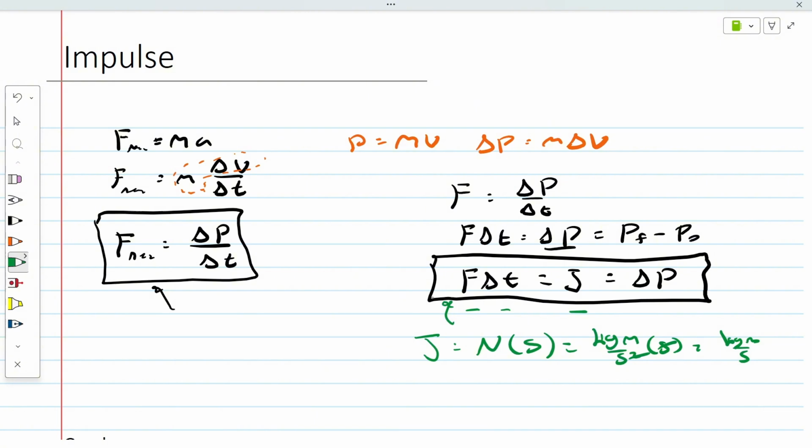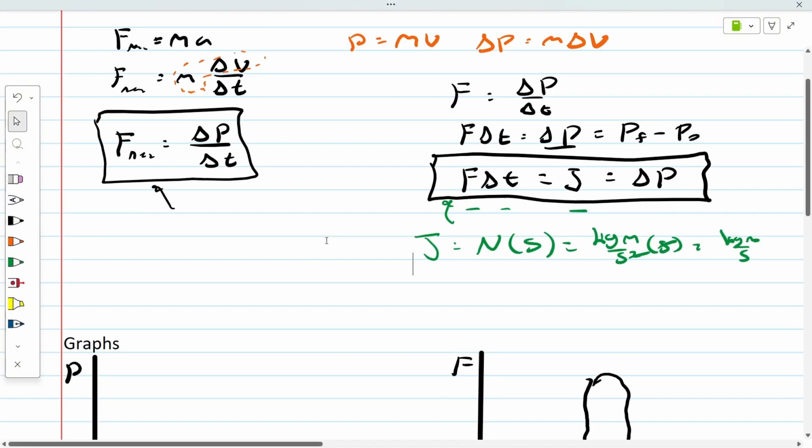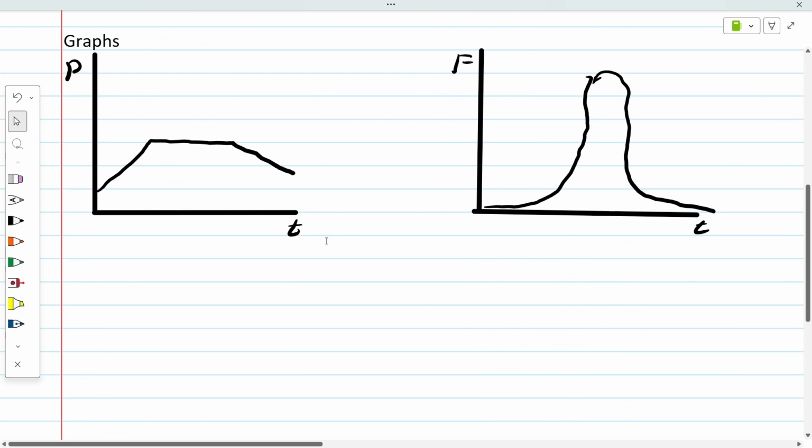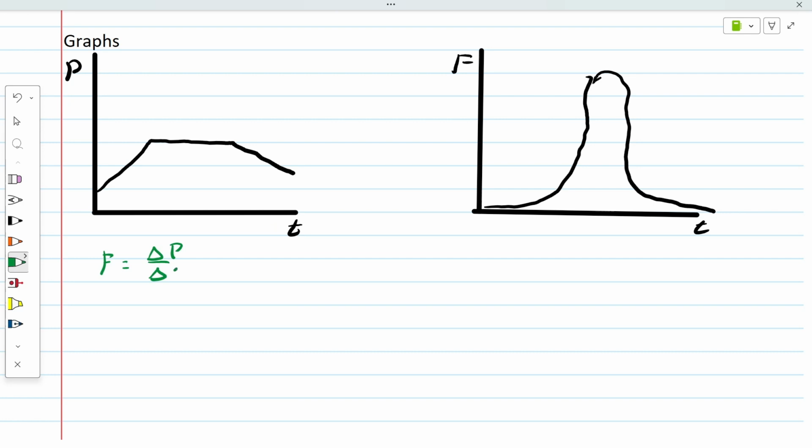Okay, so let's look at a couple graphs using these equations. Let's say we were given a graph of momentum versus time. Since we know that the force equals the change in momentum over the change in time, this is just a rate of change. So if we have a graph of this, the rate of change is just the slope.